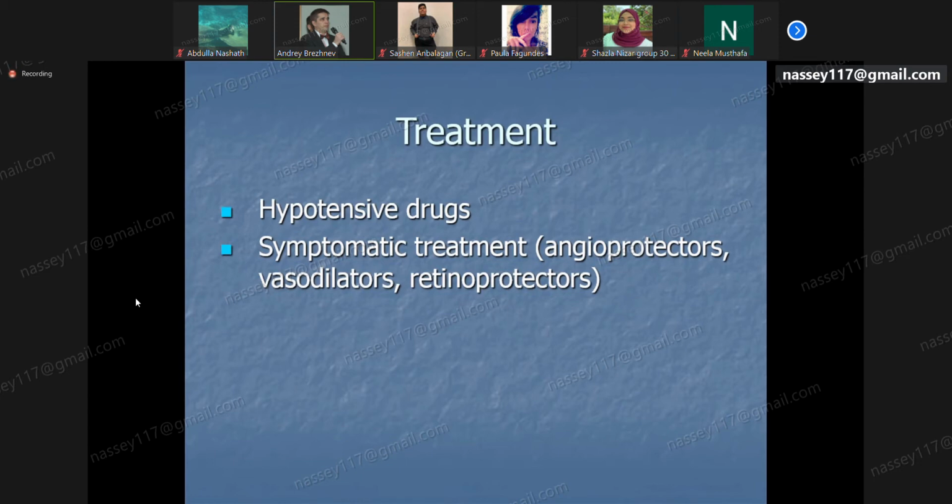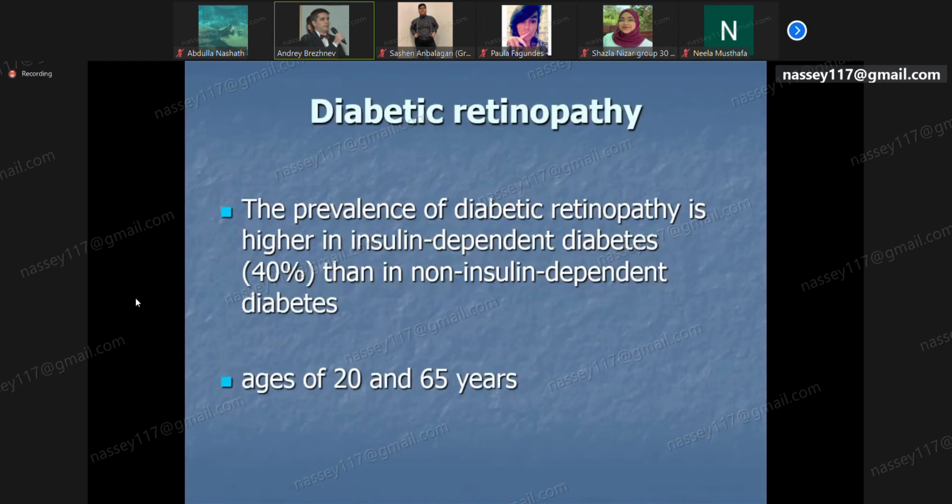The special group of drugs, the so-called retina protectors, which can increase the survival possibilities of the retinal cells and increase the rate of regression of the cotton wool spots, soft exudates or retinal hemorrhages and so on. But the main treatment is treatment of the main systemic disorder, of course.